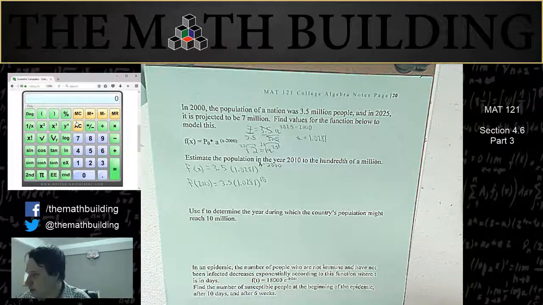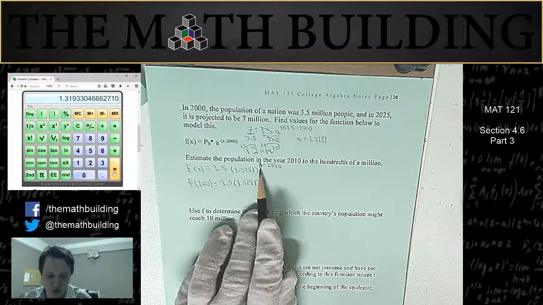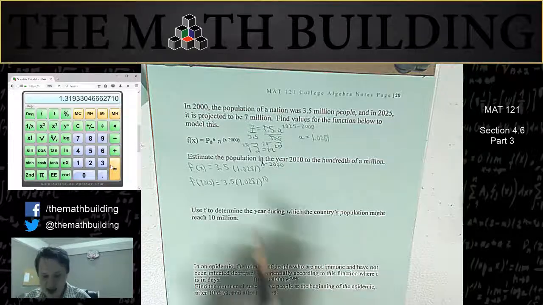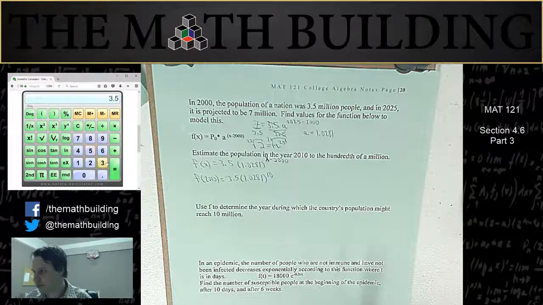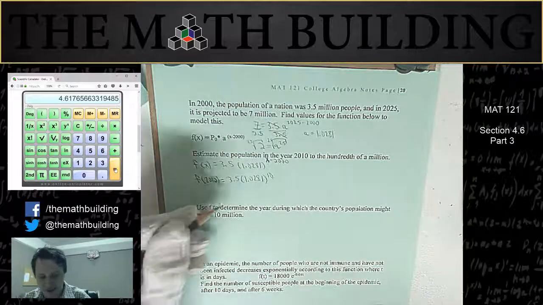1.0281, raise that to the 10th power. Once again, I got that from doing 2010 minus 2000. And now we just multiply that times 3.5, and we get our answer.